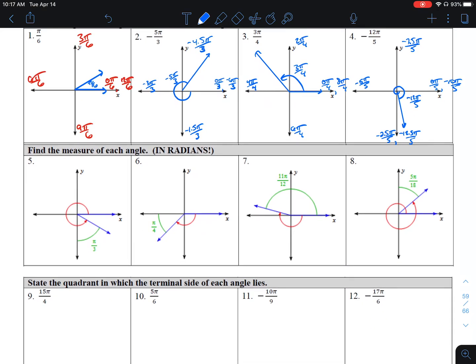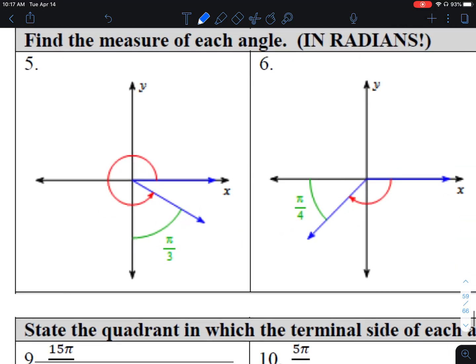Numbers 5, 6, 7, 8: find the measure of each angle and make sure it's in radians. There are lots of ways to approach this. Since this is over 3, I'm going to mark my quadrantal angles by pi over 3's.